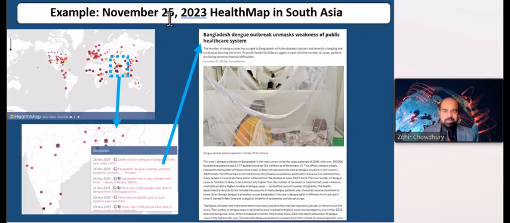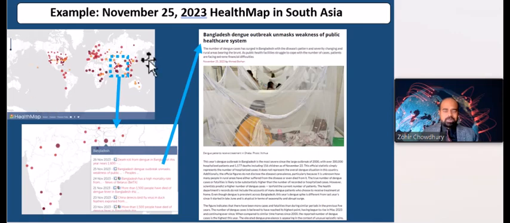At the same time, for November 25th, this cluster of alerts in South Asia, if I click on one of them, I can see that in Bangladesh, there's a dengue outbreak, which is posing a significant problem in the country, as it is very potent this year as compared to the previous year, and is causing a significant increase of dengue in the country.